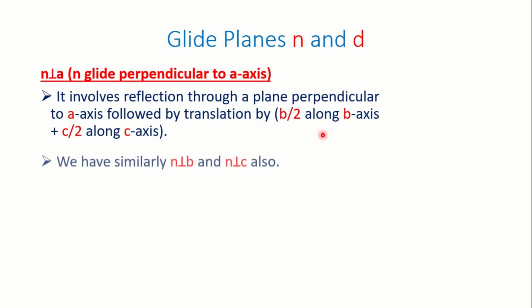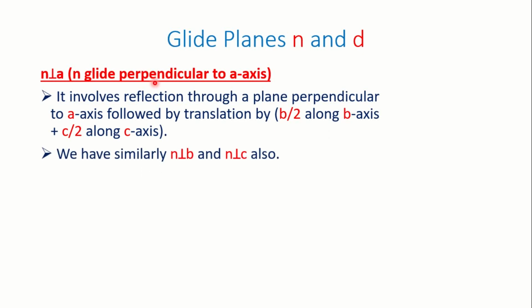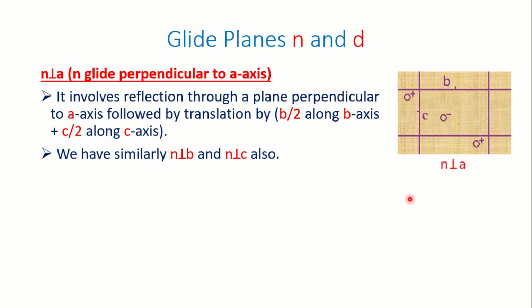Okay, so likewise N glide perpendicular to A, we can also have N glide perpendicular to B and N glide perpendicular to C also. And the stereographic projection of N glide perpendicular to A is repeated here. How? Suppose this is the B axis, this is the C axis, so the A plane is actually the plane of the paper, or plane of your monitor, of your computer or mobile.